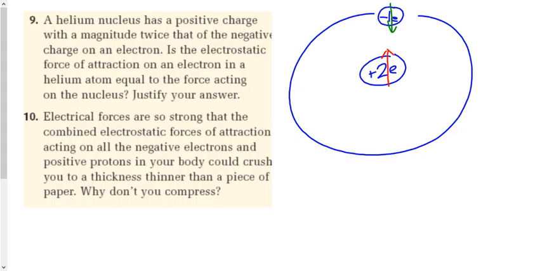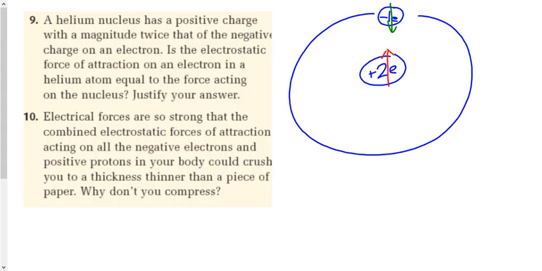Now, why would the force on the electron be bigger? Because its charge is smaller? Because its mass is smaller? Anybody want to help justify that, or does anybody want to dispute that? The forces would be equal. Yeah.